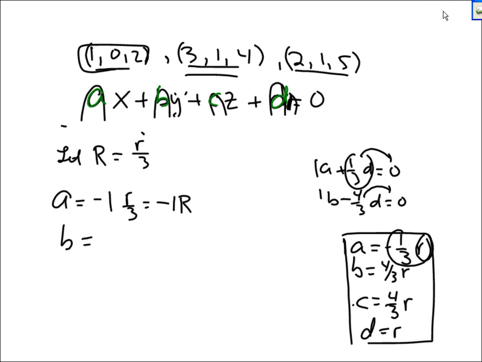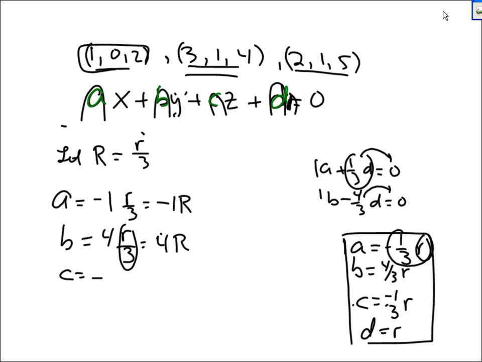And b is 4/3 r, which is 4 times r over 3. But that's big R. So I get 4r. And c is 4/3 r. Are they both 4/3 r? Well, unfortunately, I erased things, but in my notes, that was supposed to be negative 1/3 r.